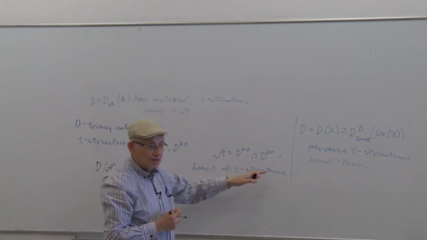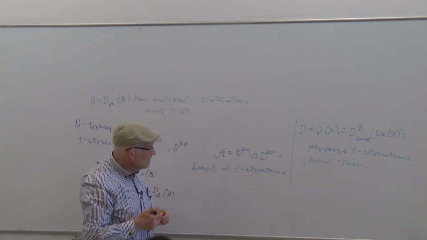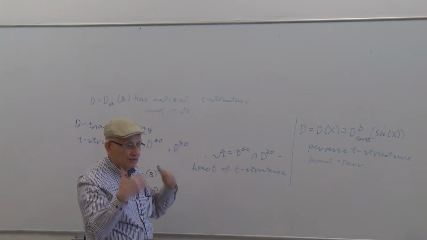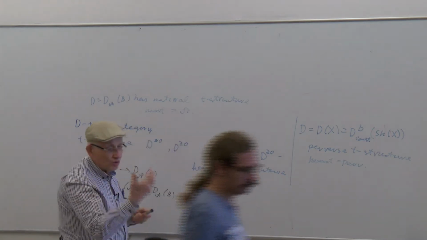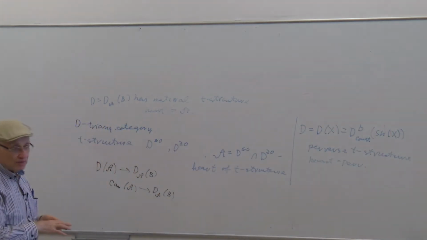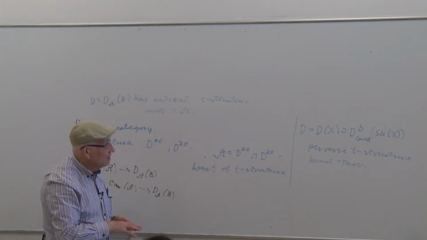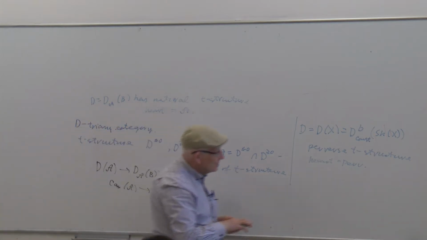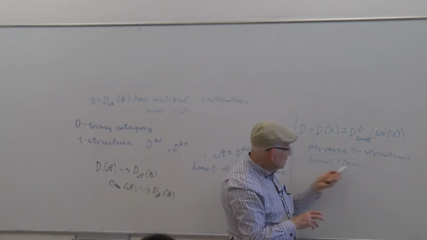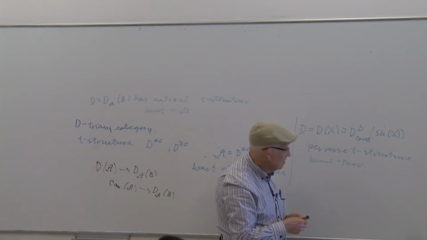Probably it is not. Again, if you work in the correct language of infinity categories, it's always possible. But here it is not. But there are some tricks that, for instance, in this case, it is correct.